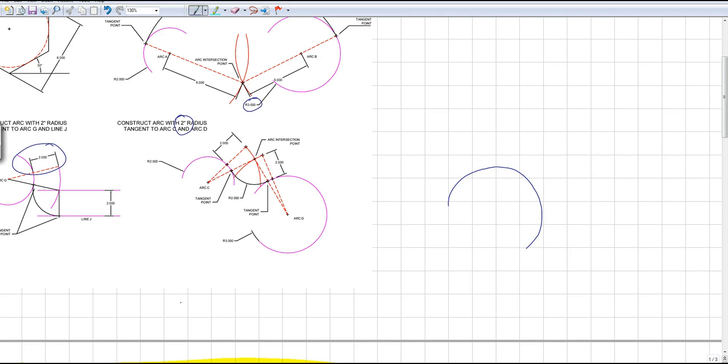It looks a little bigger, so I'm going to make it even smaller, maybe right here. Now this is arc C. I'll make another one, which is arc D, which is bigger.